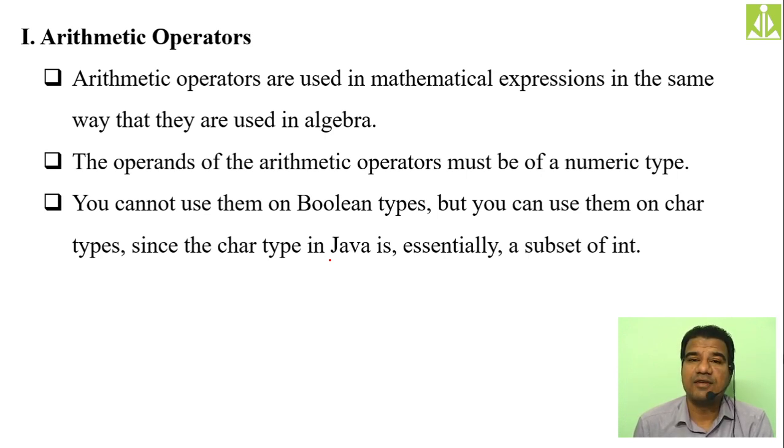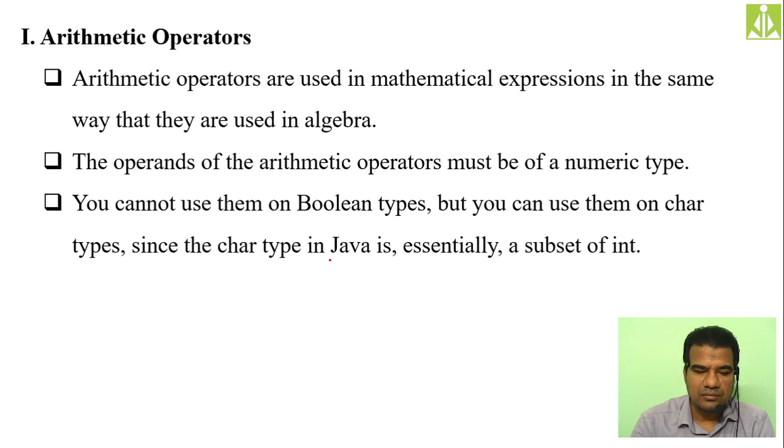Every character, as you know, has its own ASCII value in computer terminology. So whenever we perform arithmetic operations between characters, they take the ASCII equivalent of whatever character we specify in the arithmetic expression. That's the reason we can even perform arithmetic operations between characters. But performing arithmetic operations between boolean type or string type is not allowed. It is strictly prohibited in Java.